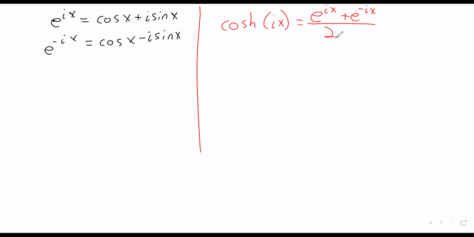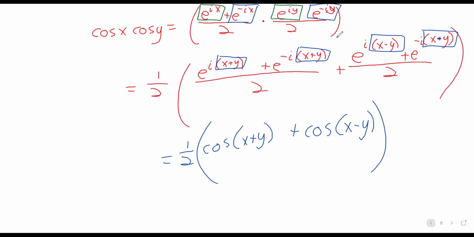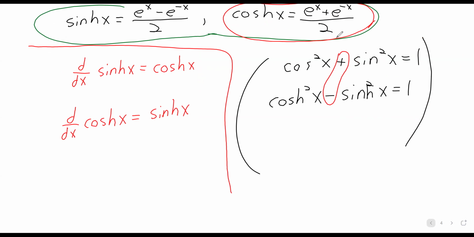I'm not doing anything clever here. I'm going back here, and I'm saying, well, this is the definition of the hyperbolic cosine. So like the cosh of 5 would be e to the 5 plus e to the negative 5 over 2.